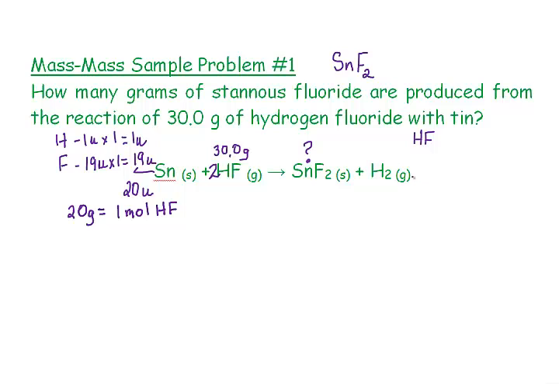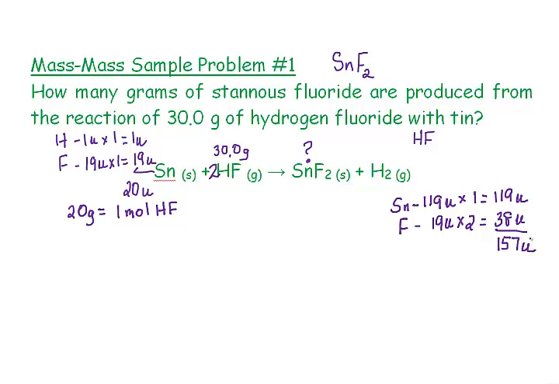Let's go over here, and Sn, which is element number 50 on the periodic table, has as its mass 119 AMU. It appears one time in this compound. Next is fluorine, which we've already determined is 19 AMU. And it appears in stannous fluoride 2 times, so that's 38 AMU. That gives us a total mass of 157 AMU.